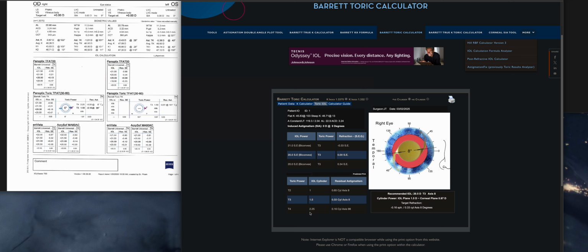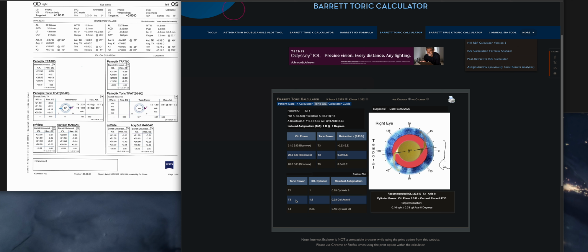T4 would be overkill, but it's showing less so here. But it flips the axis, so gosh, that's interesting. I mean, yeah, you could go either way. I don't mind flipping the axis to with the rule, but I think we just be conservative here. We're gonna go with T3.